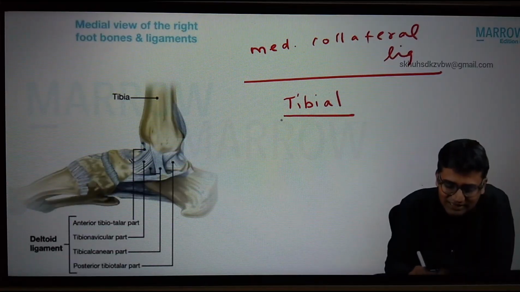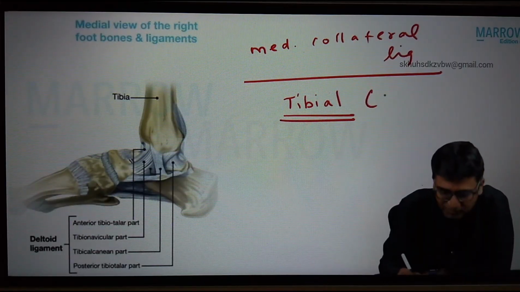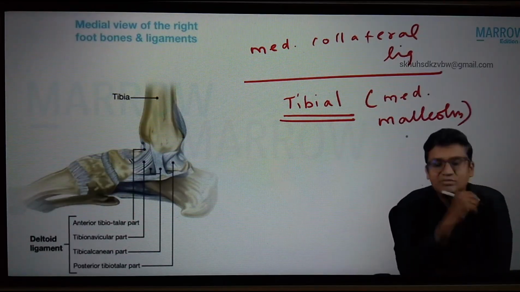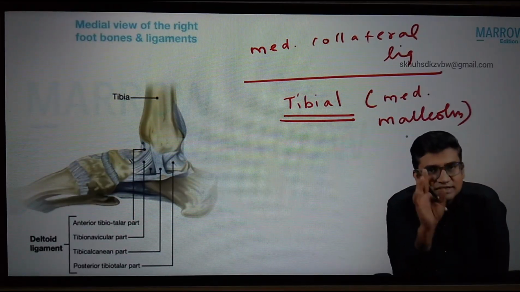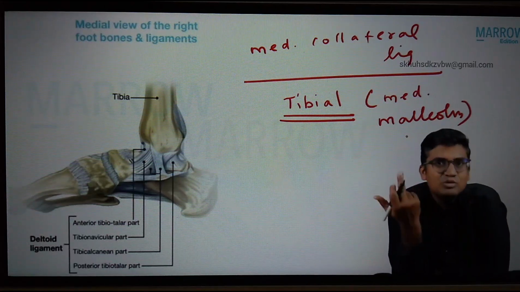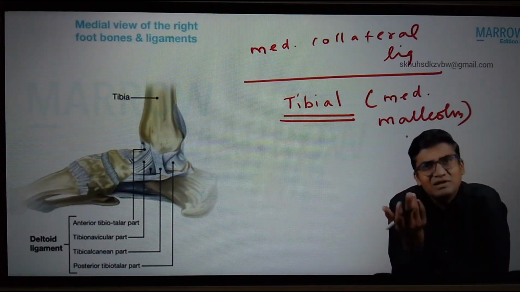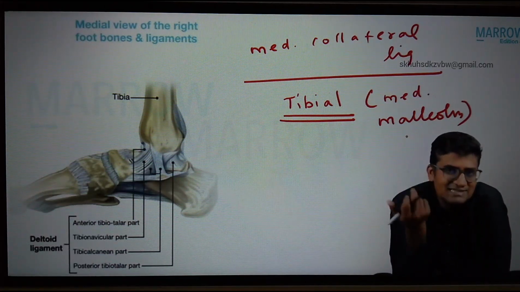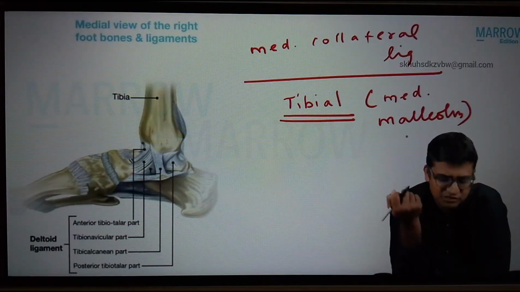What is it? Tibia. They should start from the medial malleolus. Is that clear? See, medial collateral ligament means ligament on the medial side. Now in the medial side, upper part, we have which bone? Tibia bone, medial malleolus.